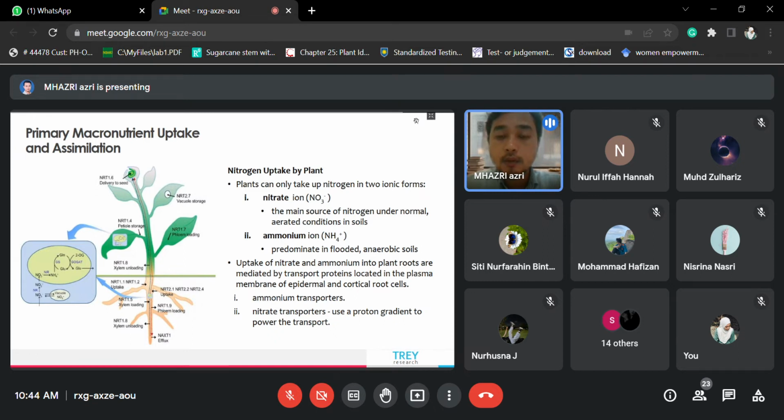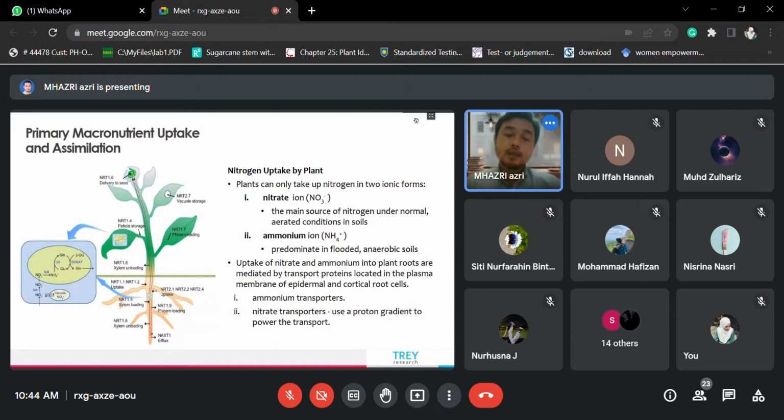Okay. So kalau plant dalam aerated conditions, the plant yang hidup dalam kawasan yang beroksigen atau aerobic, dia juga boleh absorb ammonium. Okay. Tapi compared to nitrates, the concentration taken up by this kind of plant will be lower compared to nitrates. On the other hand, macam pokok yang hidup dalam anaerobic conditions, macam pokok padi, their main source of nitrogen is ammonium.